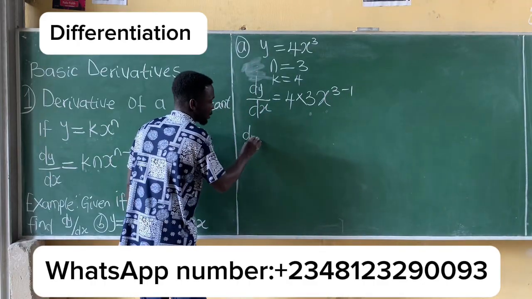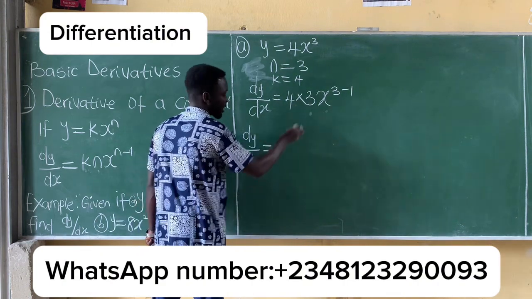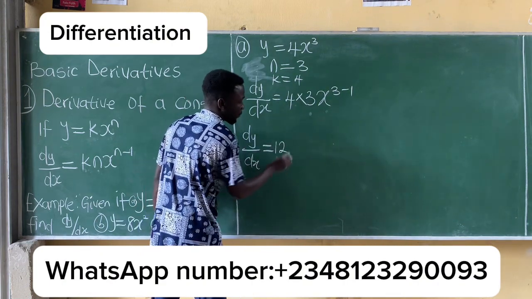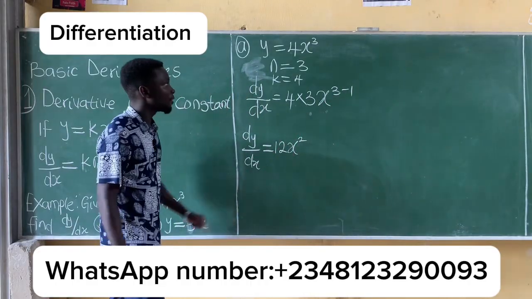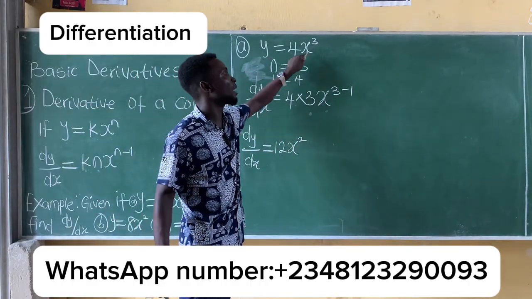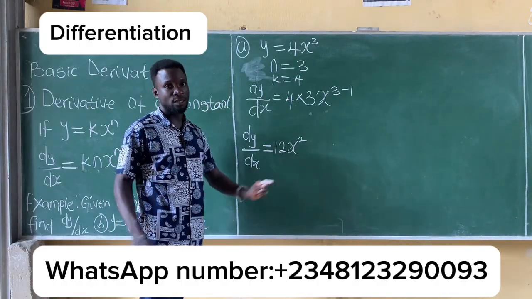So therefore, our dy/dx will be equal to 4 times 3, 12, x to the power of 3 minus 1, 2. So if y is equal to 4x cubed, our dy/dx becomes 12x squared.